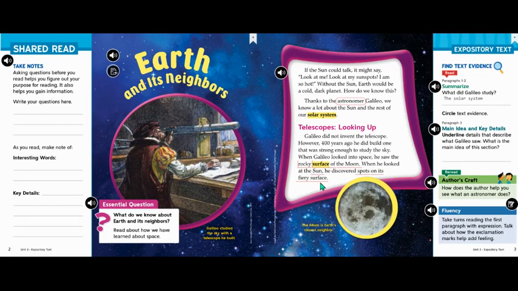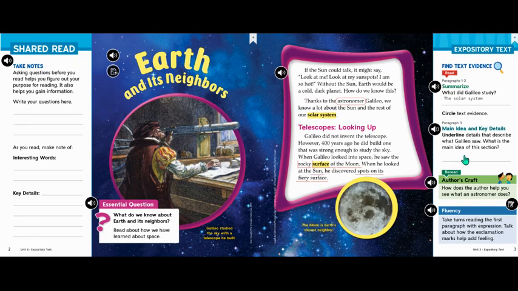These details helped me to figure out that the main idea is that Galileo built a powerful telescope and used it to study the sky like had not been done before. They were able to see these intricate details on the moon and on the sun that they had not been able to do before.